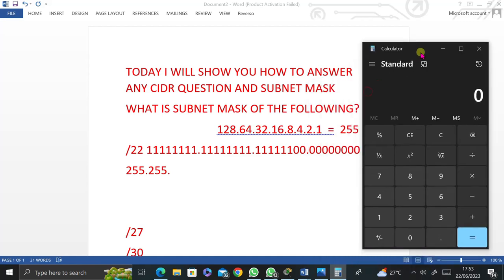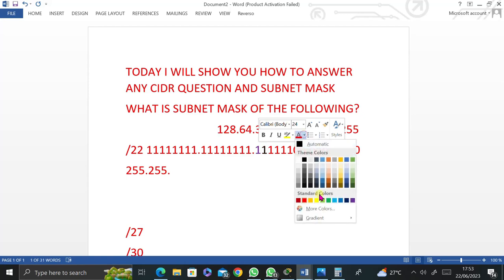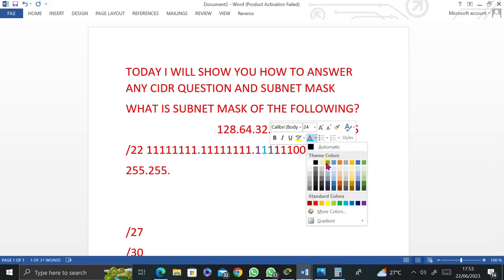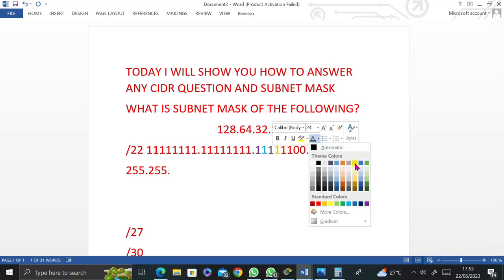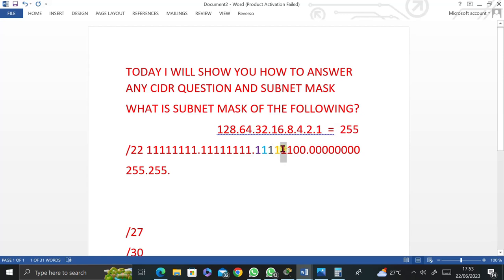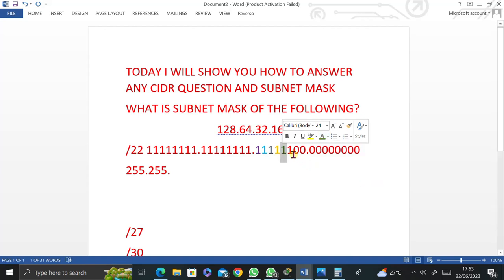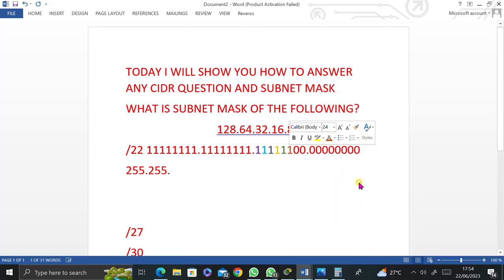So what we can do is color the bits. This is blue, this is yellow, this one maybe we can say green, and the last one we can consider like this.